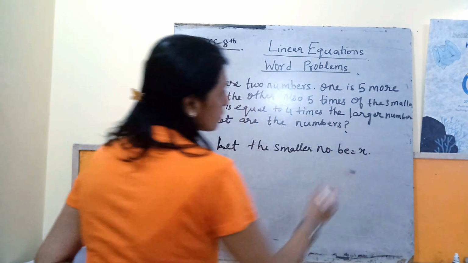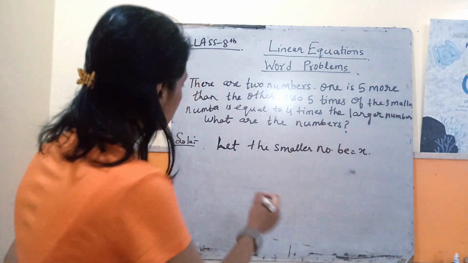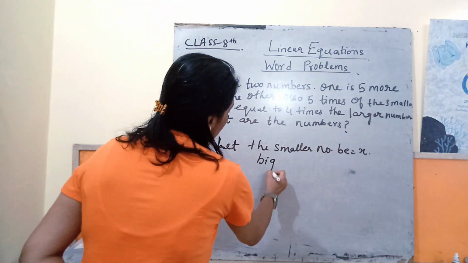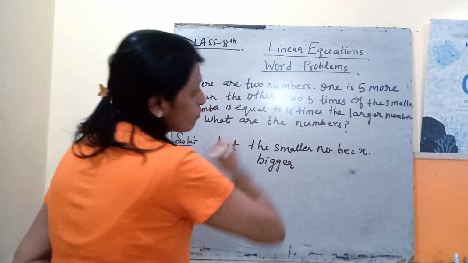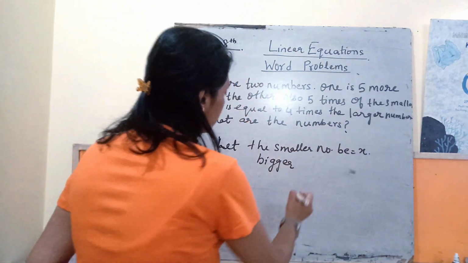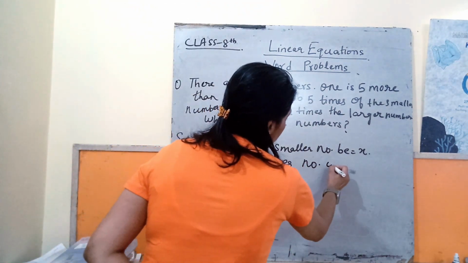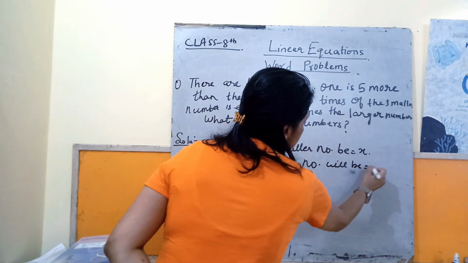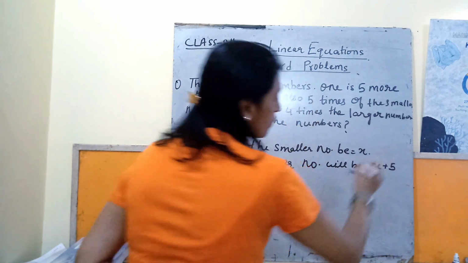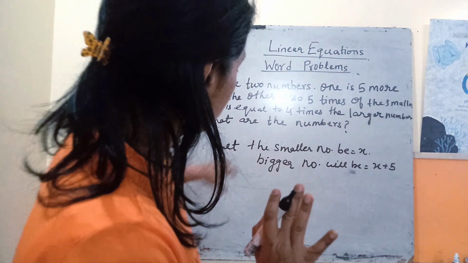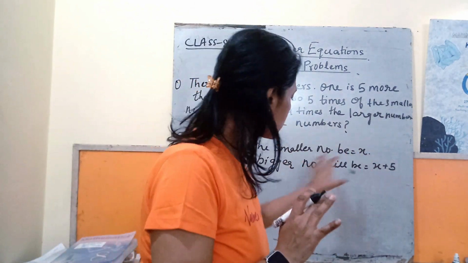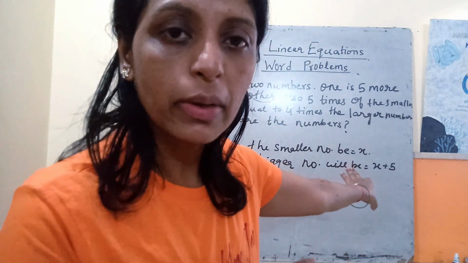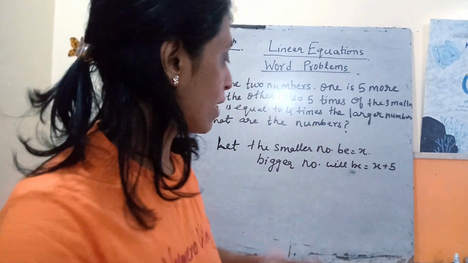So the bigger number, as it is 5 more than the smaller, will be x plus 5. So we have taken the smaller number as x and the larger number as x plus 5.